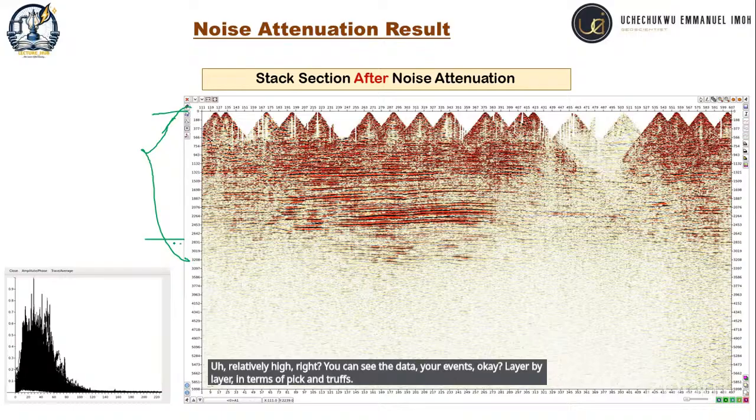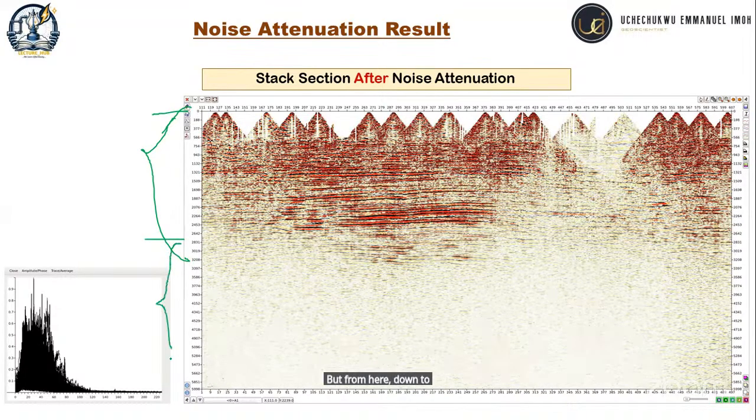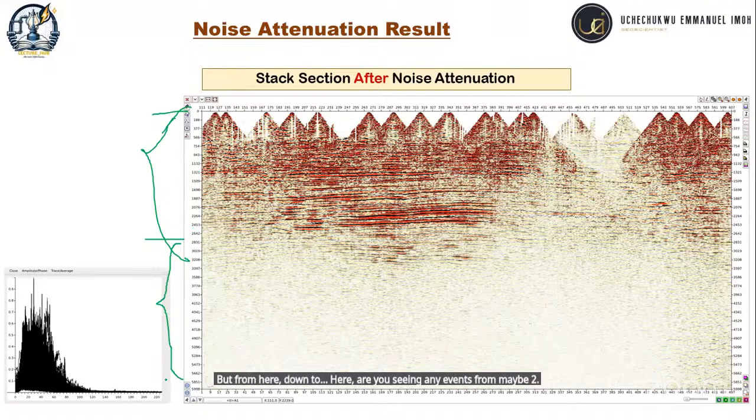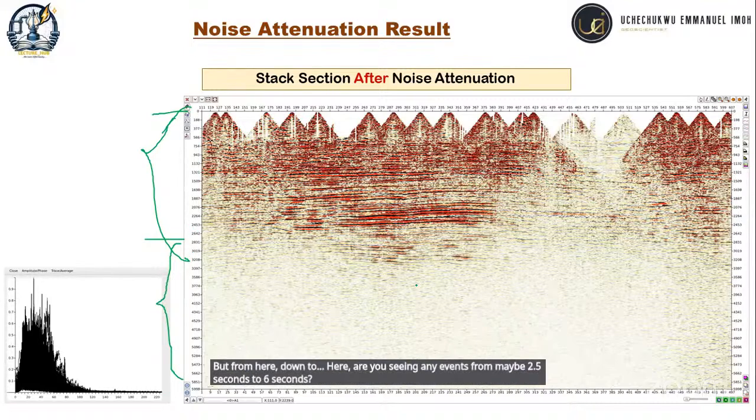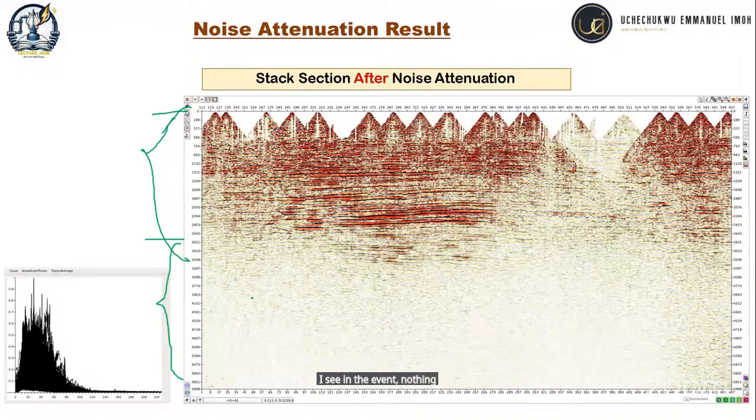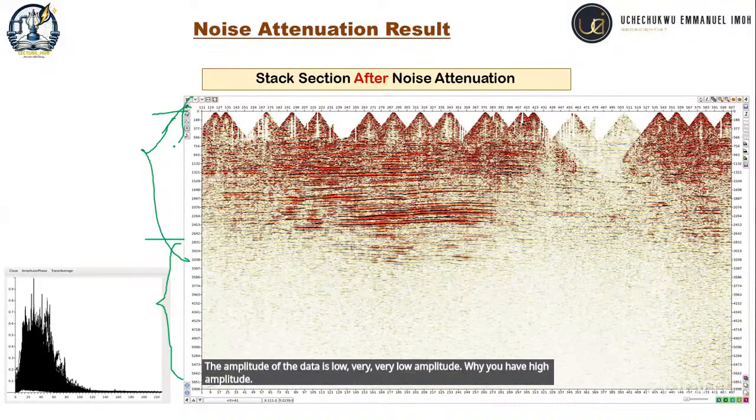But from 2.5 seconds to 6 seconds, are you seeing the events? Nothing. The amplitude of the data is very, very low, while you have high amplitude in this part.